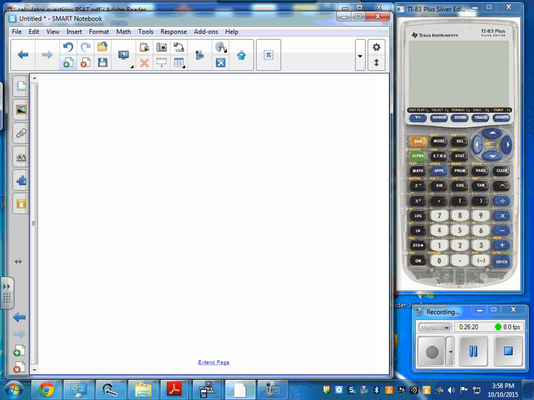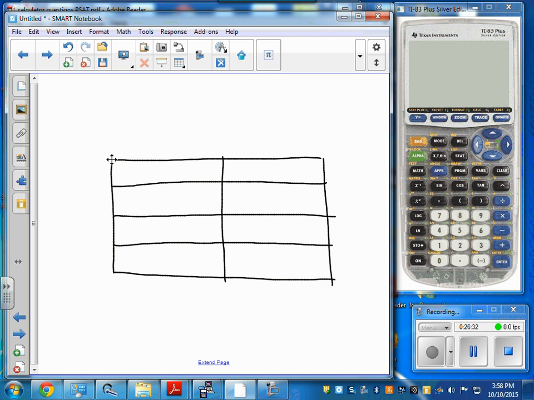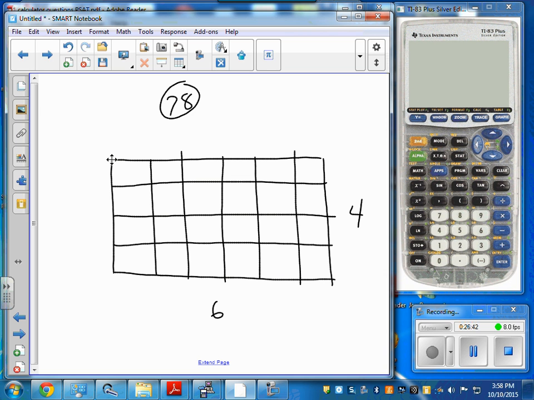Okay, so typically let's say we have this site and it's divvied up into 24 sections, so maybe 4 times 6. So here's 24 boxes. This is 6 times 4 is 24. So we have these little grids. There's 78 students total, and each section will be studied by a group of either 2 or 4 students.